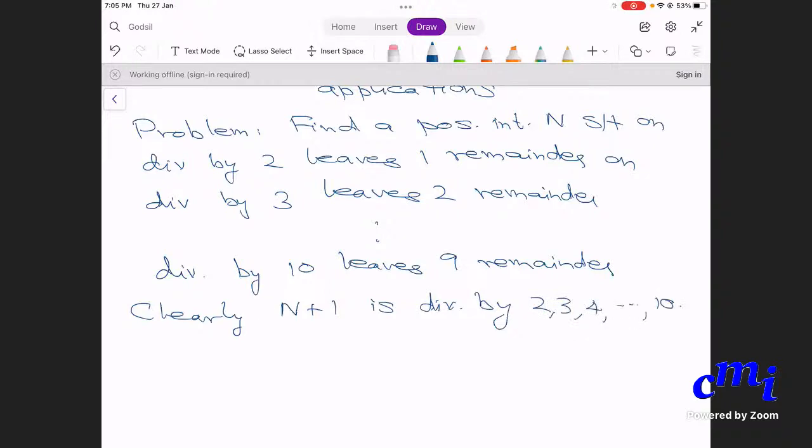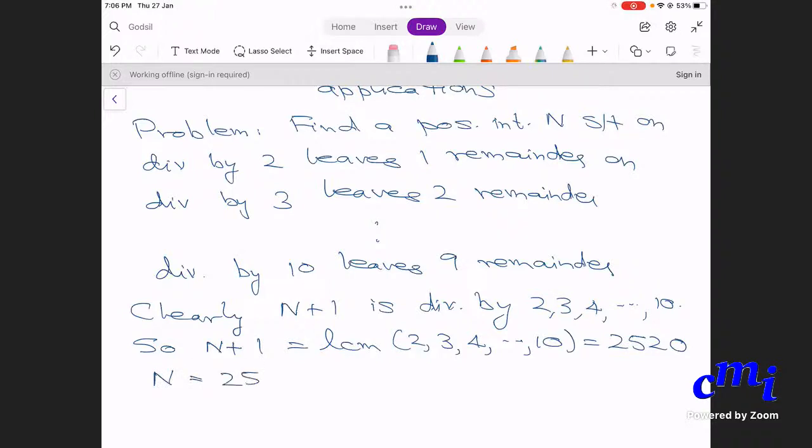If you want the smallest number divisible by 2, 3, 4 up to 10, then of course you take the LCM of all these numbers. So n plus 1 equals the LCM of 2 up to 10, which you can calculate is 2520. That's n plus 1. What we are looking for is n, so n equals 2519. This number, on division by 2, will leave remainder 1; on division by 3, remainder 2, and so on.